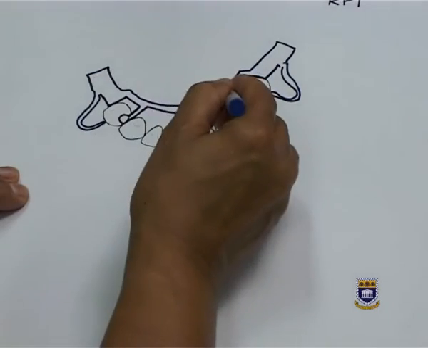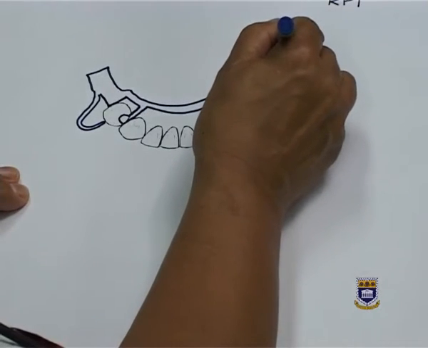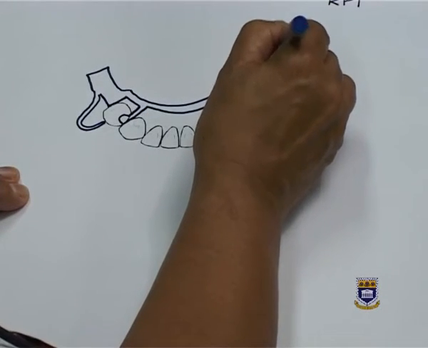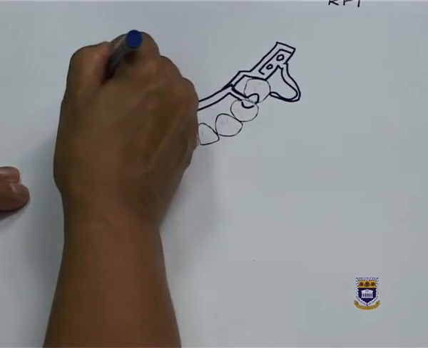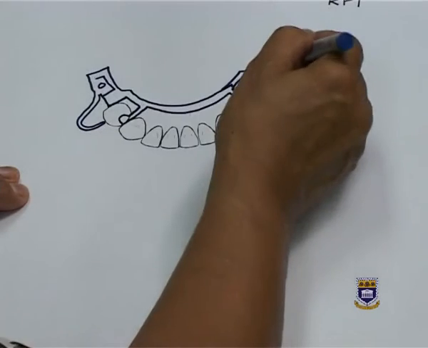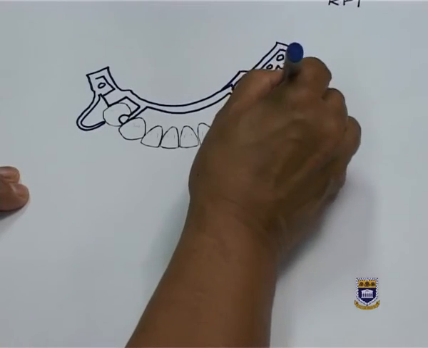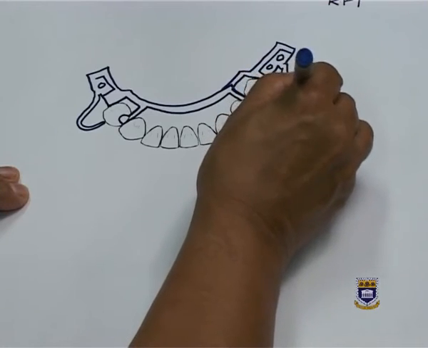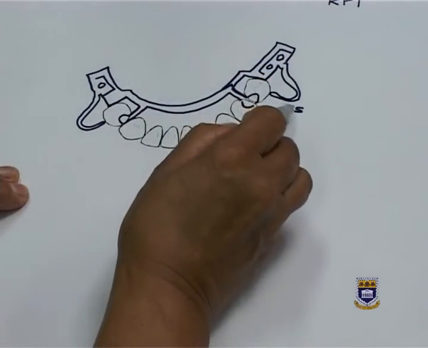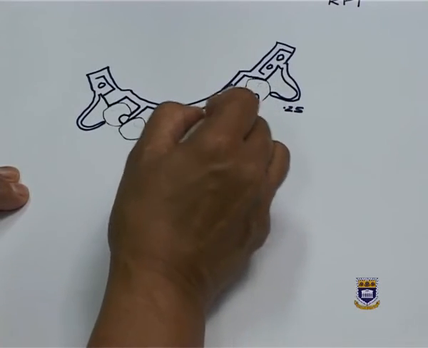so here I've used a lingual bar, an RPI system, and I'm indicating where my acrylic will be attached to my framework. Got my acrylic finish line, my retention holes for the mechanical attachment of the acrylic. I've got a 0.25 undercut that is used because I'm using chrome cobalt.